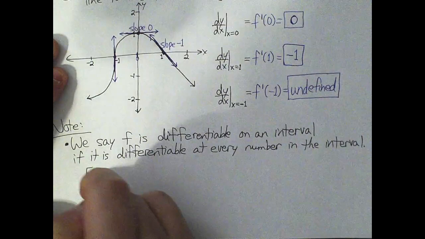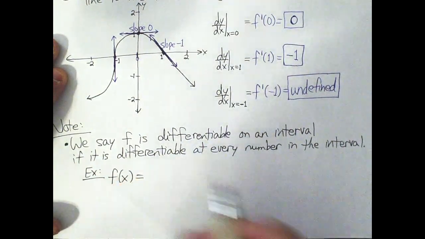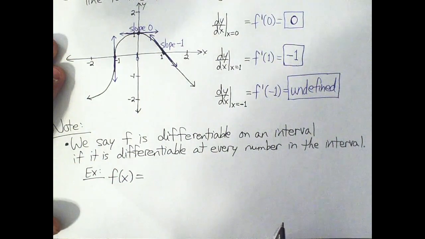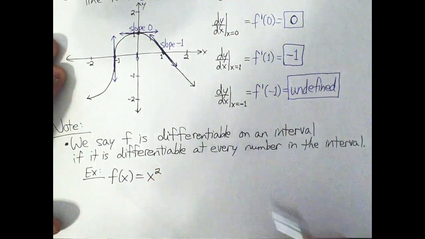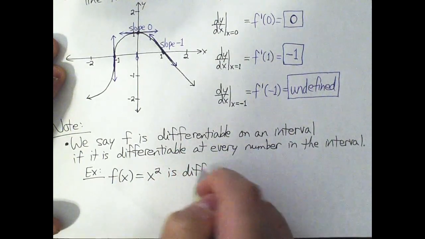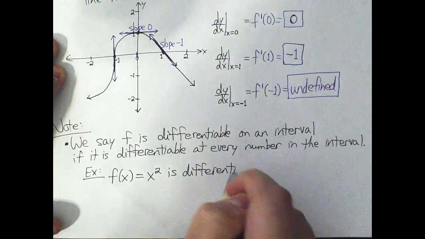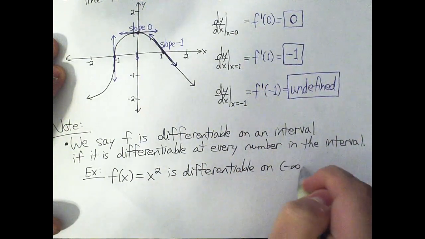Here's a quick example for you. I'm not really proving this to you right now. Proving this would be a different story, but I'm going to tell you that f of x equals x squared is differentiable on this interval.